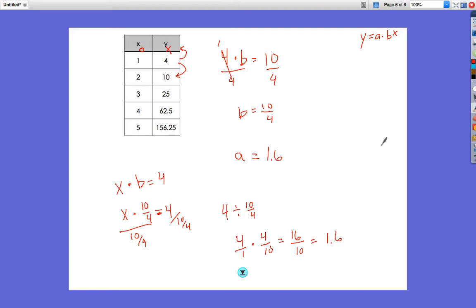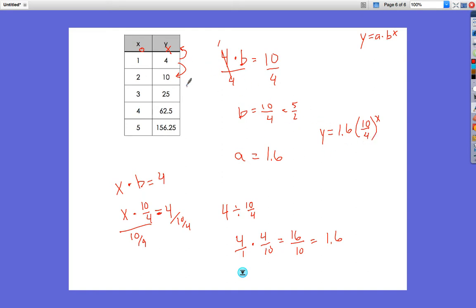And there you go. So y is 1.6 times 10 fourths, that's 5 halves too, to the x. If you want to simplify that, that's 5 halves. But there you go. There's the equation.